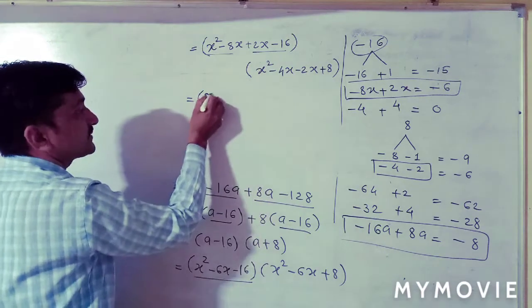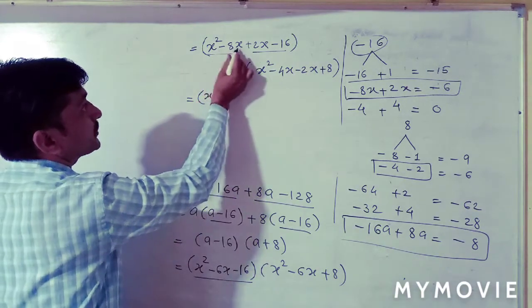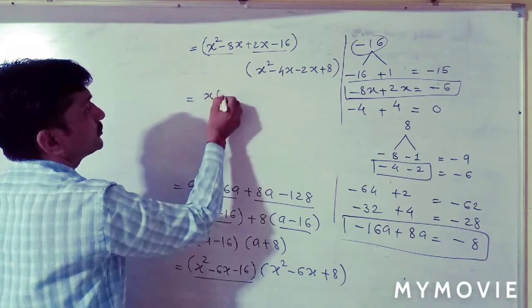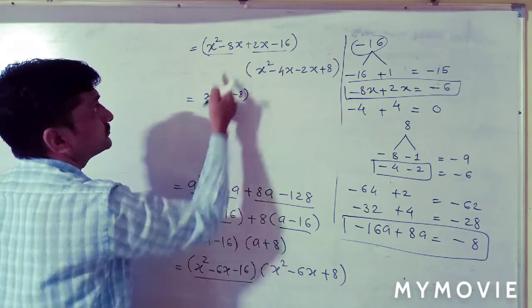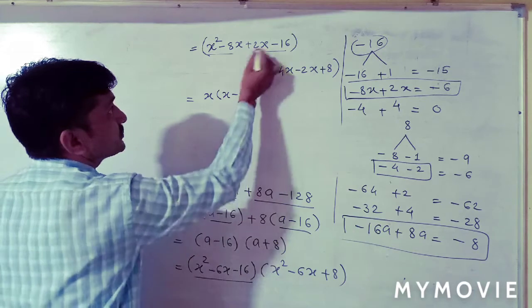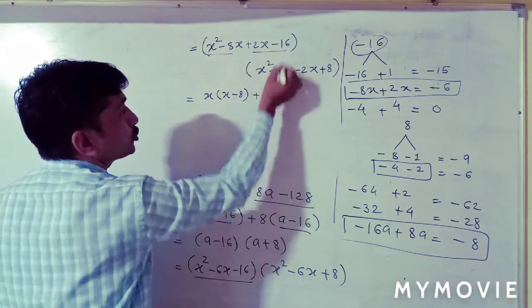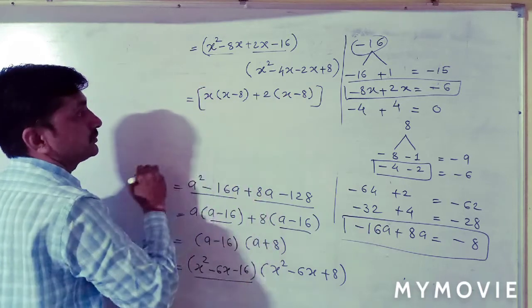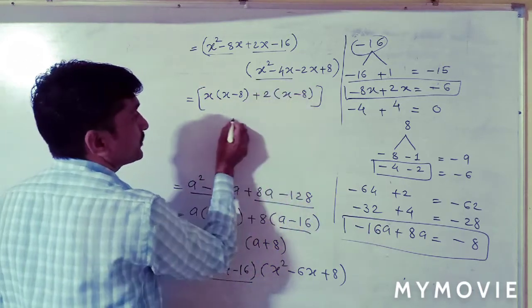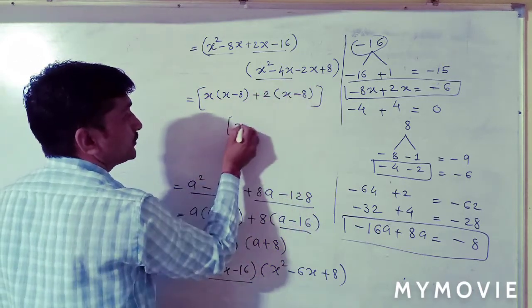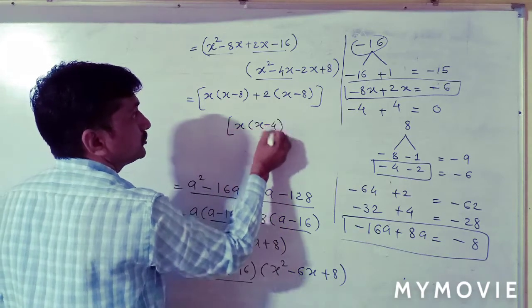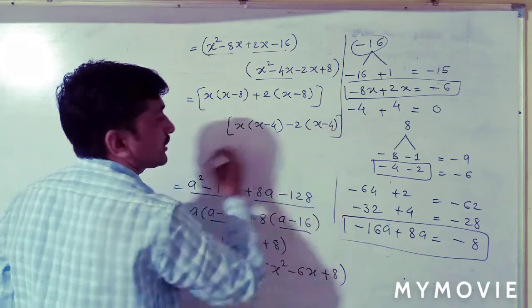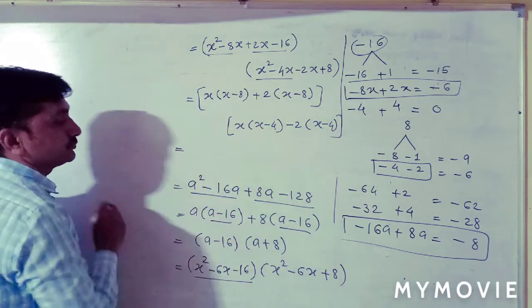What is common here? x. Okay, here x is common. What is uncommon then? x minus 8. Plus here common 2, uncommon x minus 8. Bracket I close here. Now for this, what is common here? x common, x minus 4, here minus 2, x minus 4, bracket close, is equal to.